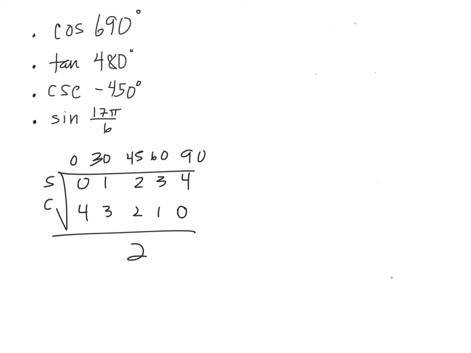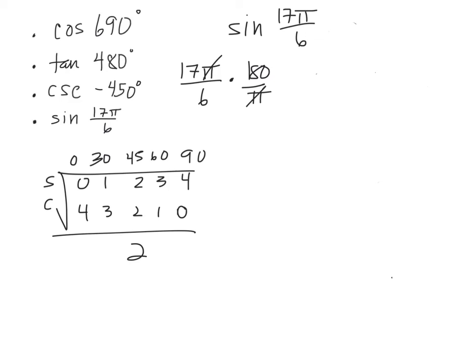All right, so the last problem, we have sine of 17 pi over 6. With this, if you don't know how to work with radians, you can convert this to a degree measure, which most people do. If I want to change 17 pi over 6 to degrees, I have to multiply this by 180 over pi, which is essentially just 1, so we're not changing the value of anything.